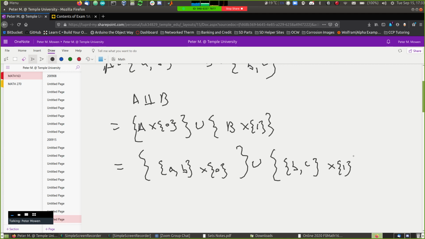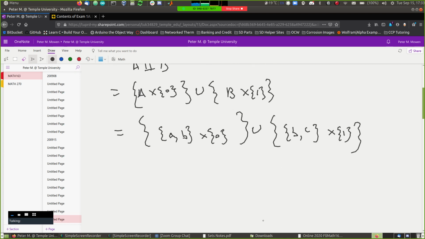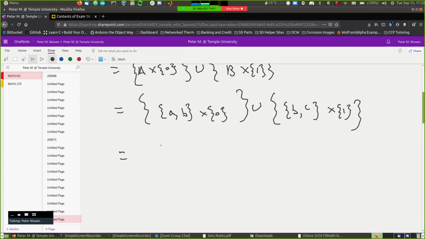Cross 1. Whoops, that's not the right symbol. I'm not going to draw the trees because that would take a long time. I encourage you to do that on your own. This would be the set containing A,0 and B,0, union the set containing B,1 and C,1.